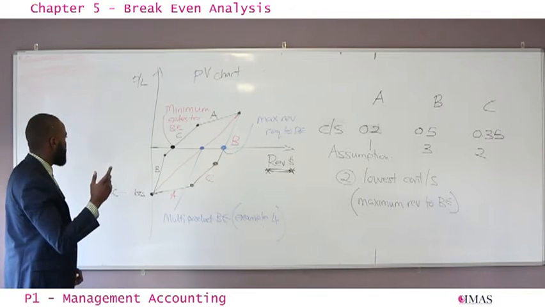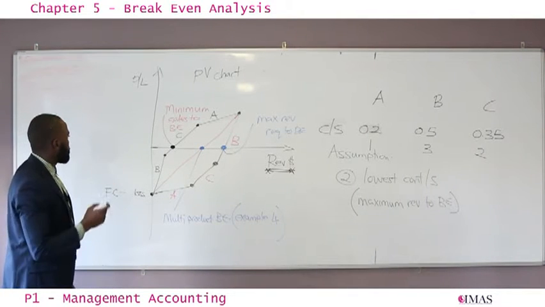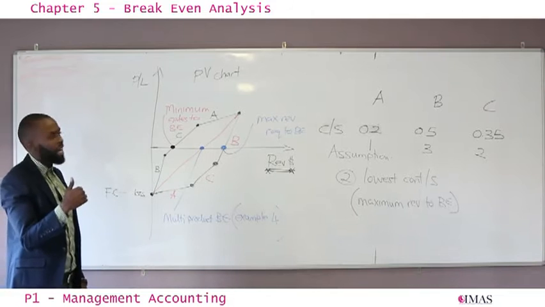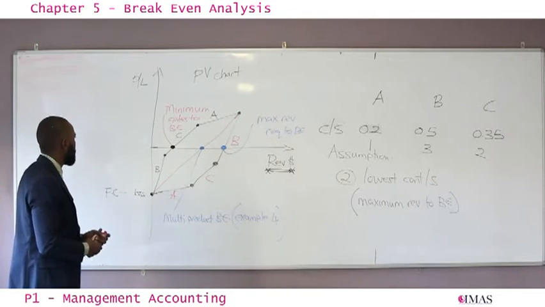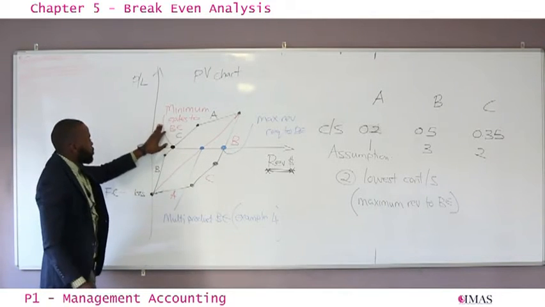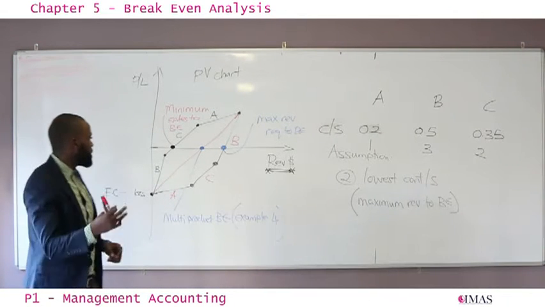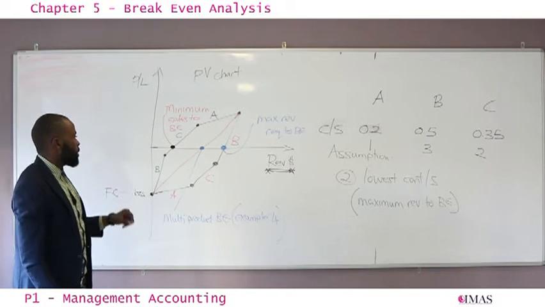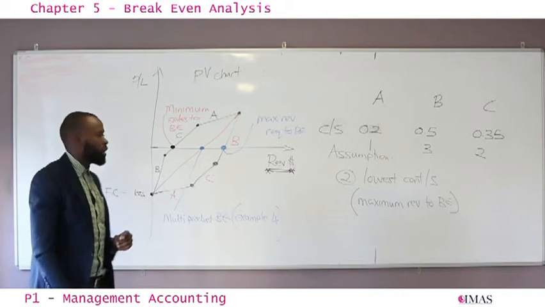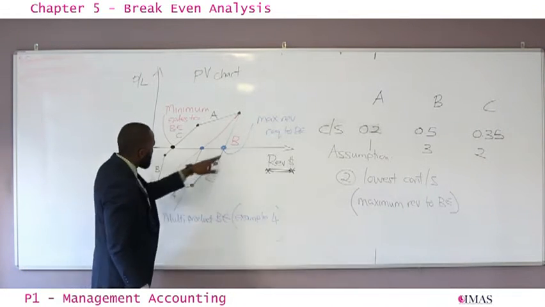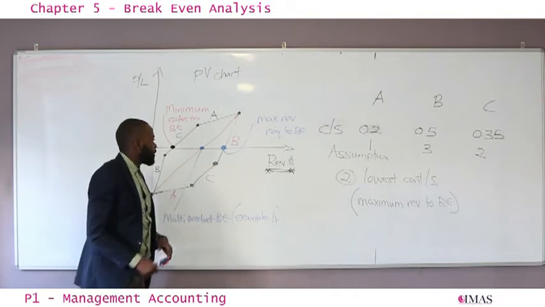Let's assume that we start by selling the product with the highest contribution to sales ratio. We get the minimum sales to break even. Then our last assumption, that we start by selling the product with the lowest contribution to sales ratio. We get the maximum revenue to break even.